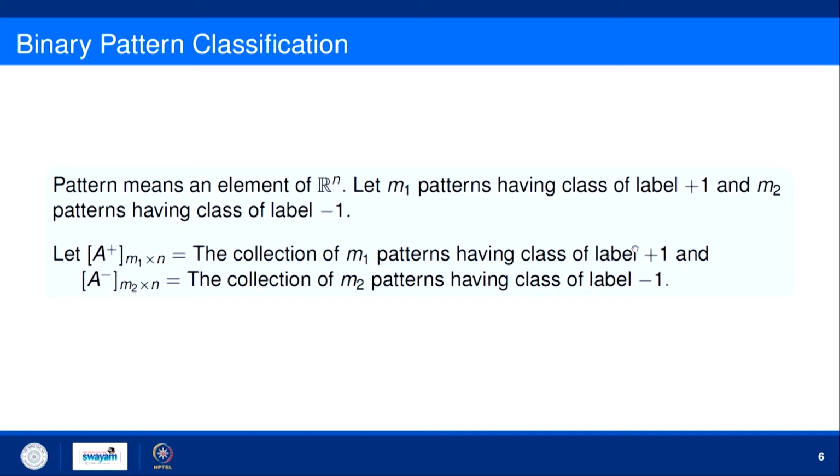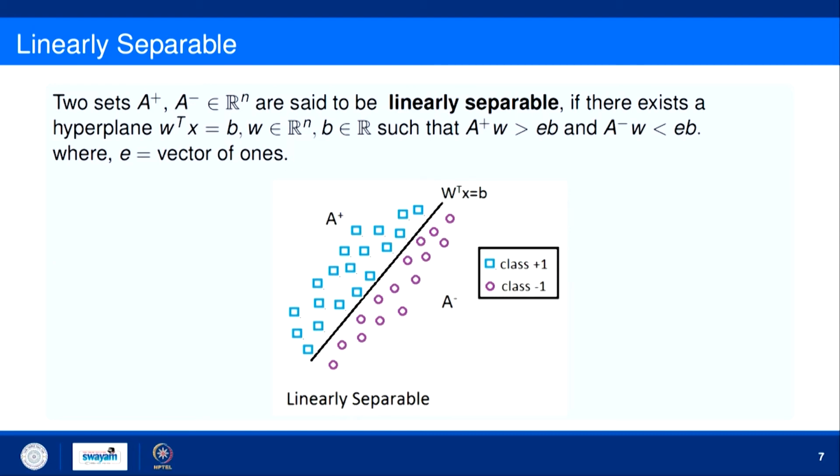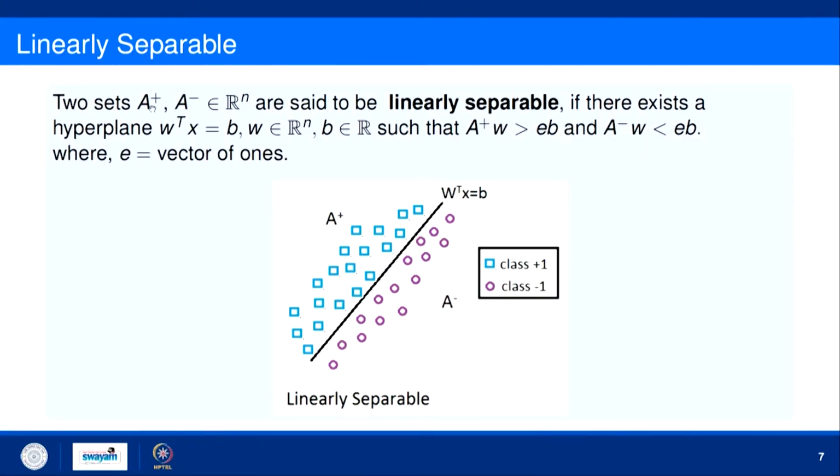Similarly, the class with -1 labeling will be denoted by a matrix of order M2 cross n, a collection of M2 patterns having class label -1. So this is the first thing: you have two data sets, one I denote by +1, the other by -1. My aim is to classify them. Now these two classes are A plus and A minus.